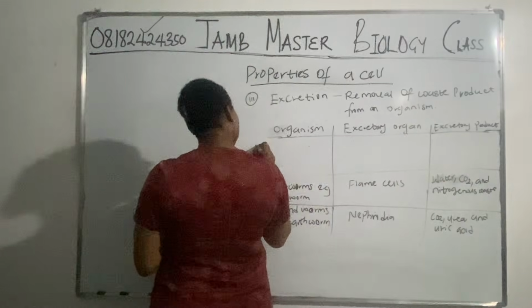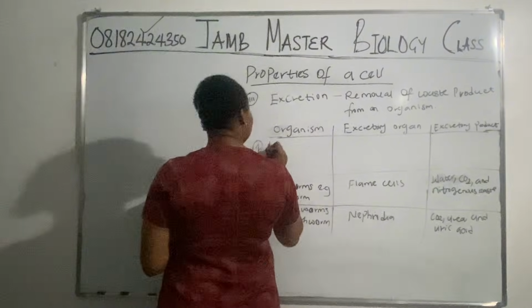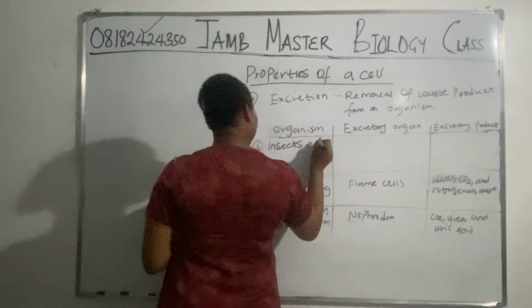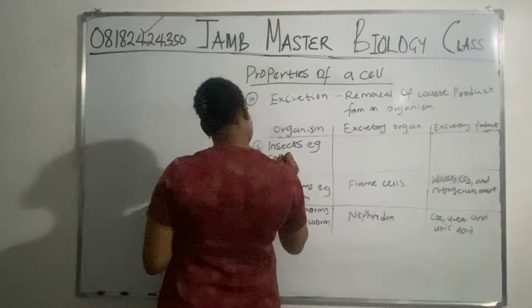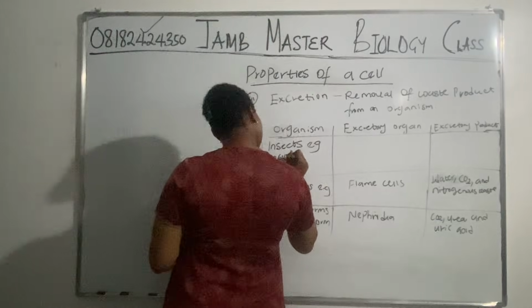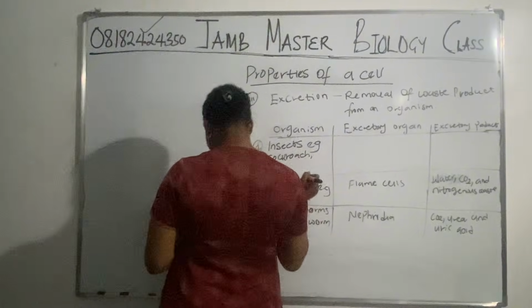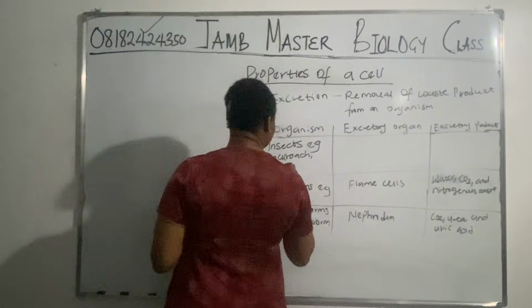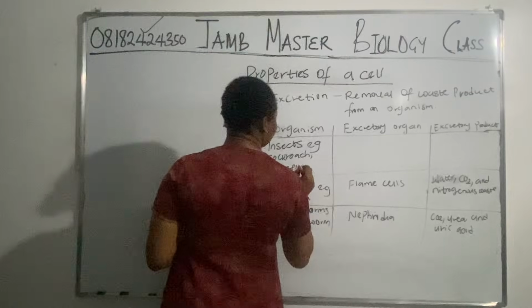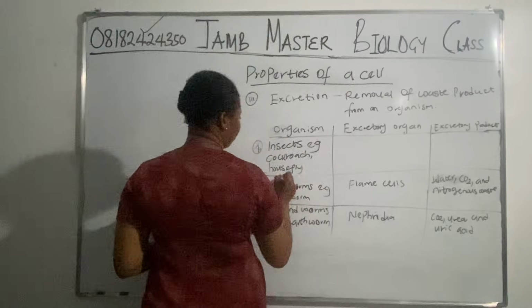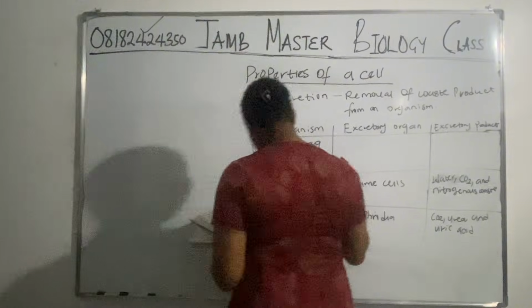We have insects. An example of insects, we have what? Cockroach, we have housefly. Just note that for insects, in case they put any insect apart from these two, you know that the excretory organ of insects is what?